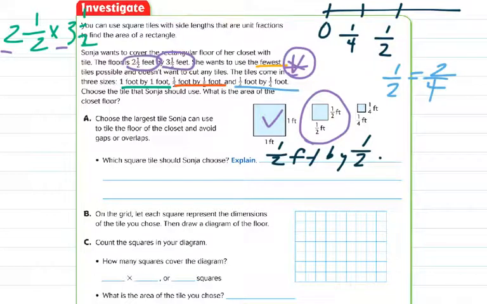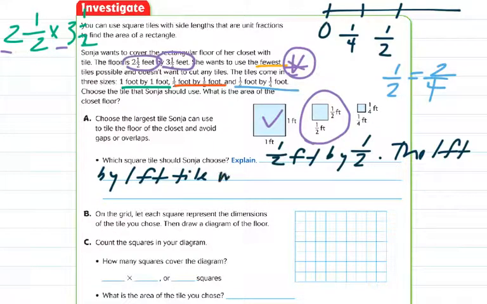And the reason why we'd say that is the foot by foot tile would not cover the entire area.